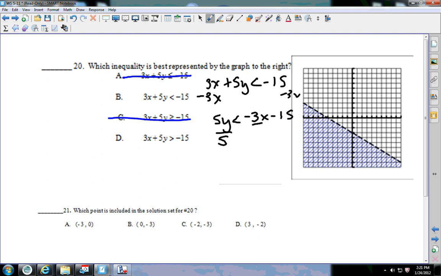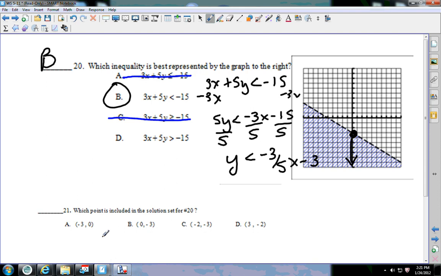Divide by 5. y is less than negative 3/5 x minus 3. 1, 2, 3, that is the y-intercept. Negative 3/5, and you're graphing below because it's less than. Your answer would be B.